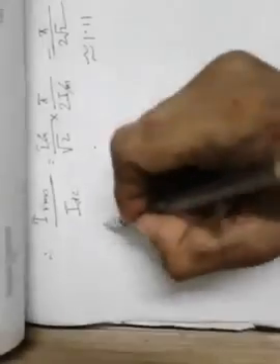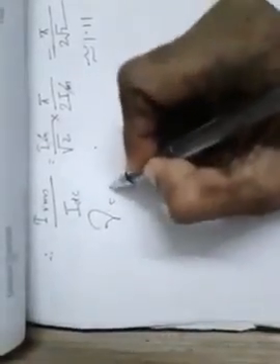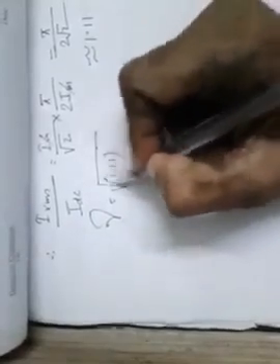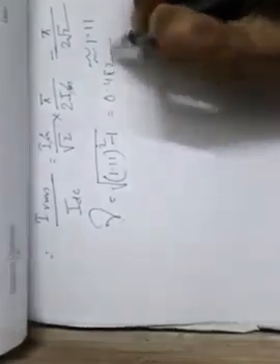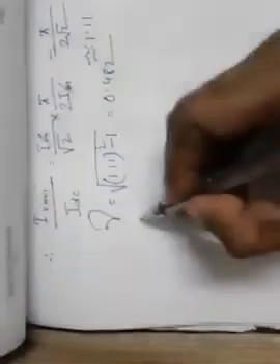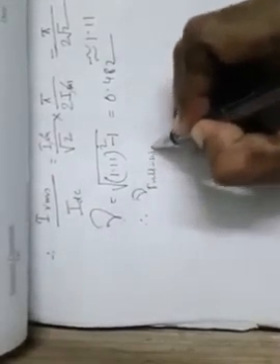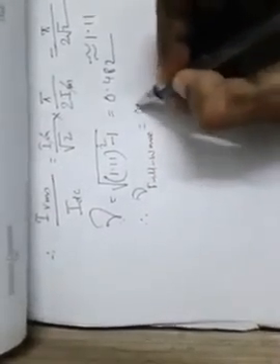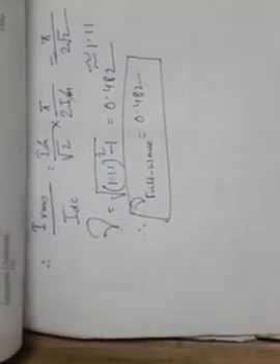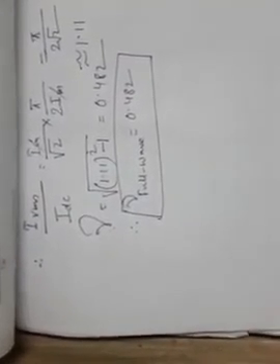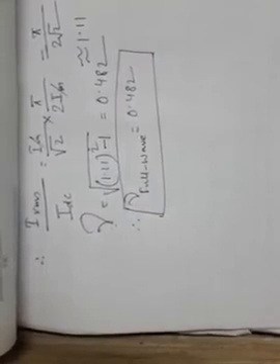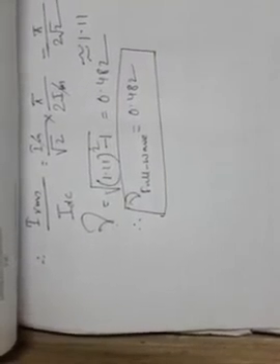So if we now find the ripple factor, root over (1.11) whole square minus 1, that is 0.482. So the ripple factor for a full wave rectifier is 0.482. If we now compare the ripple factors of half wave and full wave rectifier, we are getting that the full wave rectifier has a lesser ripple factor than a half wave rectifier.